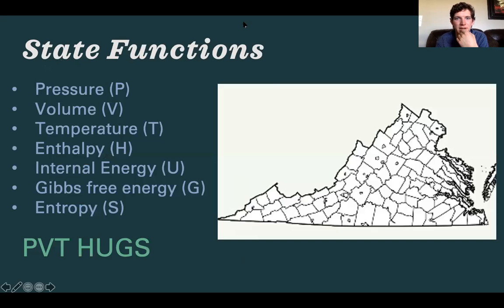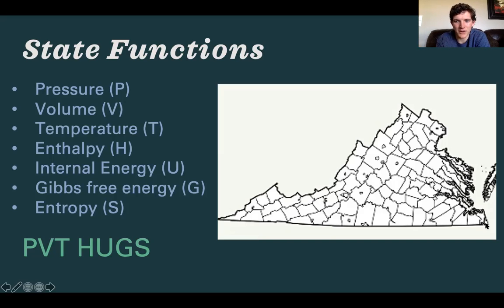All right, we also want to talk about state functions and what those are. I really liked how Dr. Mortensen used a state to remember in his example, so that's what I did too. Here we have Virginia, and if we think of this as our initial point, and this is our final, so initial is on the left and final is on the right, on the bottom of the state, we can get from point A to point B going straight across, or we can go along the northern edge of the state, along the jagged top.